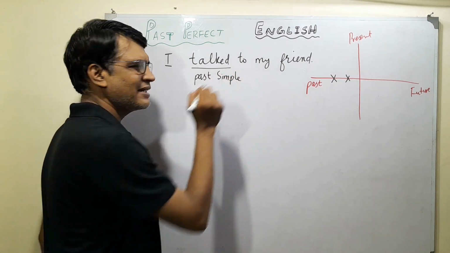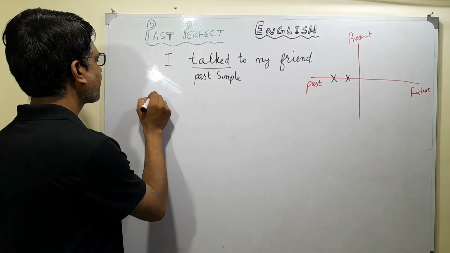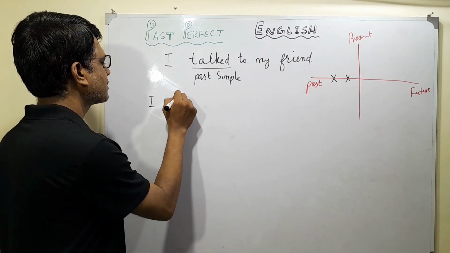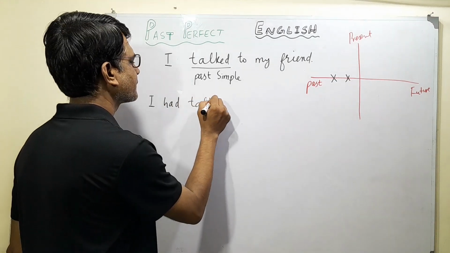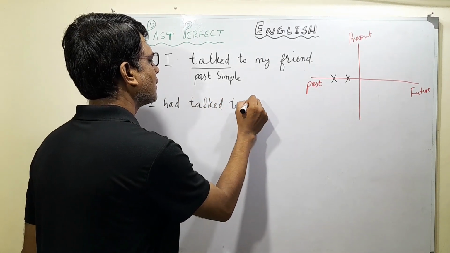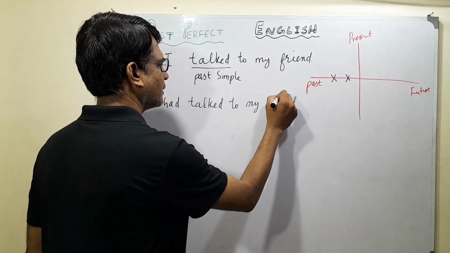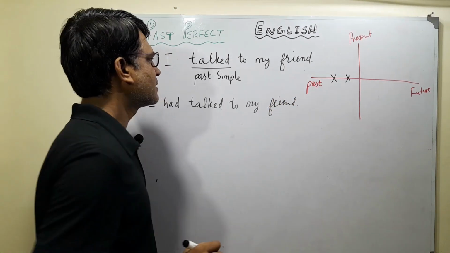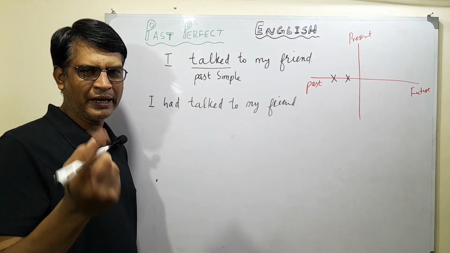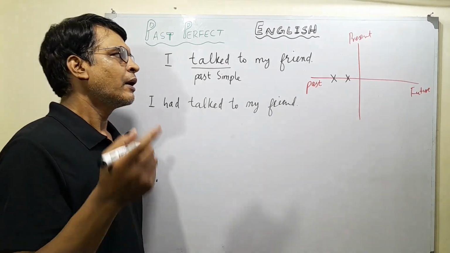But can I say the same thing like I had talked to my friend? Can I say this? Can I say the same thing? We have to think about it.